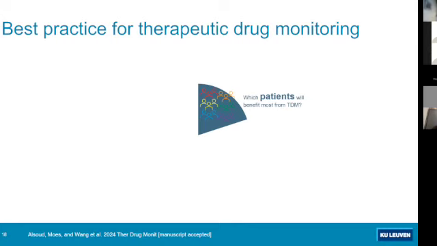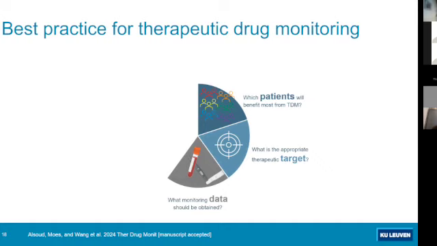The first one is we need to focus on the right patients. Who are the patients that will benefit most from TDM? Also, it's important to think about the target. What are we actually aiming for? And I'll come back to that. What data should we use to do TDM? I've been talking about trough levels, drug concentrations.